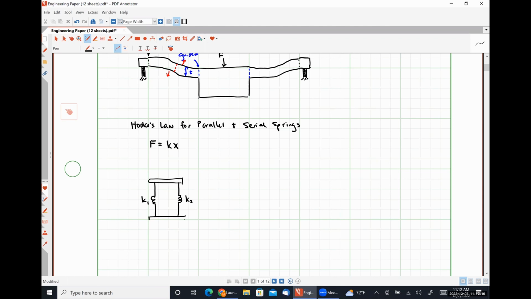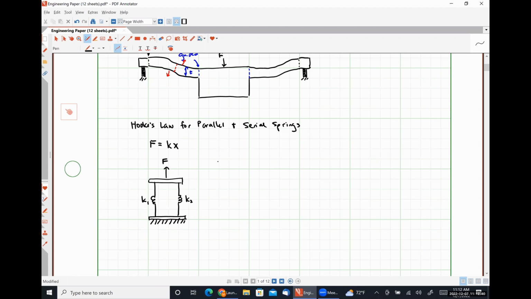They are connected in parallel. And we're going to anchor this bottom plate and apply some force F in this direction. Both springs have to stretch by the same amount X, okay?